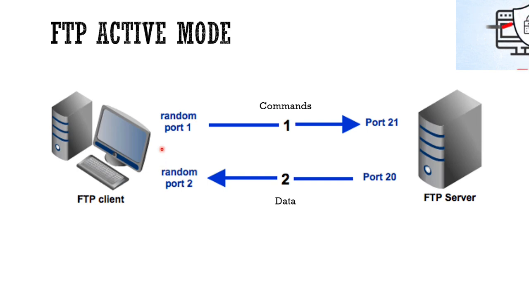It will talk to the server's port 21 for commands, and it will talk to the server's port 20 for data. But notice how the arrows go. This is the interesting part. The network definition of a client is the side that initiates a connection. That is the network definition of a client.